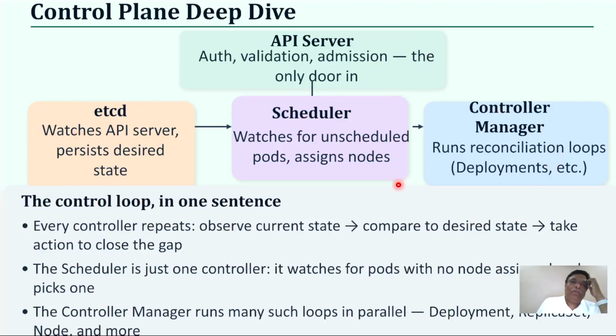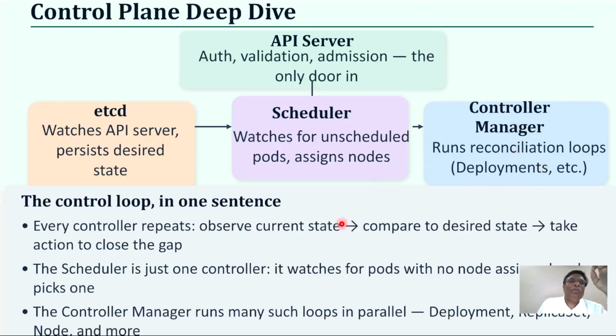So through the API server, we're going to access everything. etcd watches the API server and persists the desired state. Scheduler watches for unscheduled pods, assigns the nodes. Controller manager runs reconciliation loops, deployment, etc.